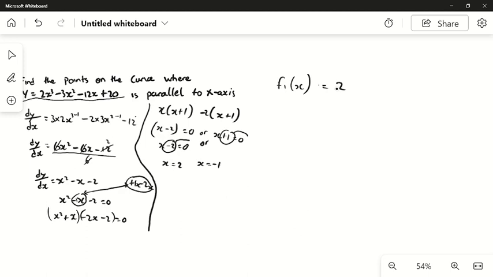Anywhere we see x, let's take this first one, then we take this one. So substitute x for 2. In this expression, y is equal to 2x cubed minus 3x squared minus 12x plus 20, right?